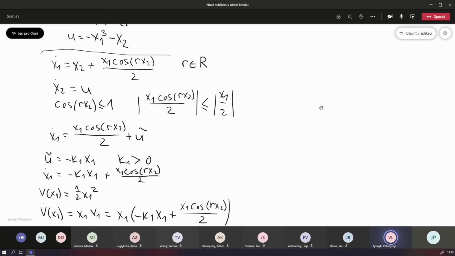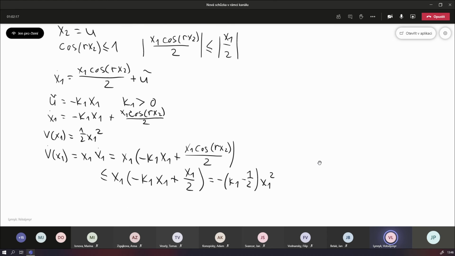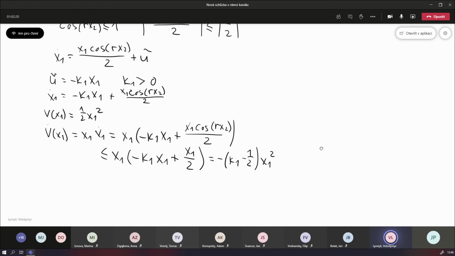It's less than or equal to x1 times minus k1 x1 plus, here only x1 divided by 2. And it's equal to minus k1 minus 1/2 times x1 cubed. Any question in this step?